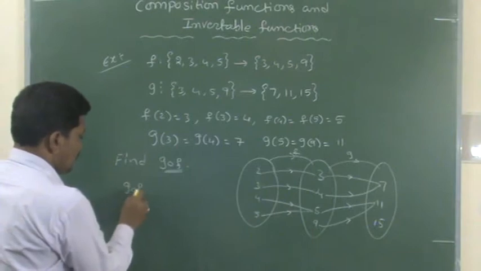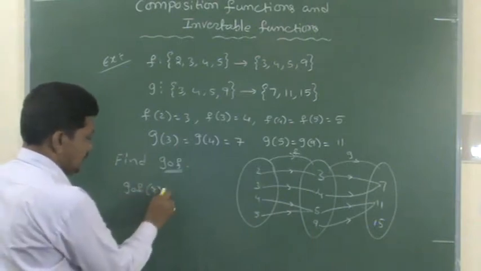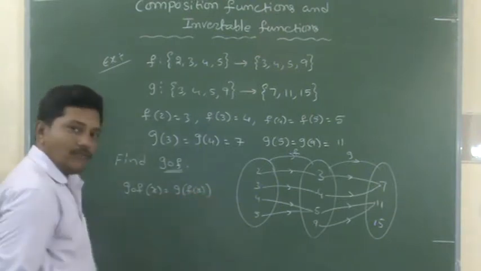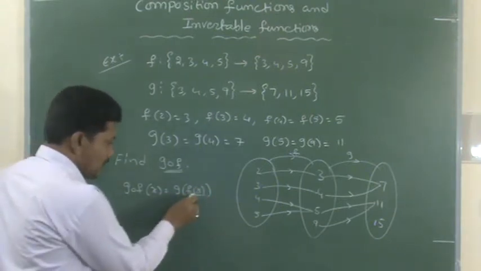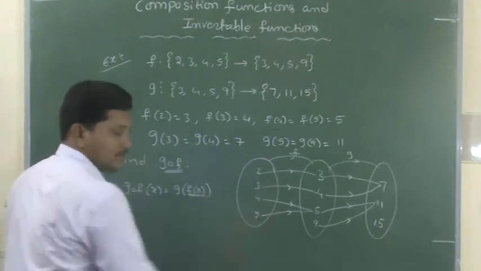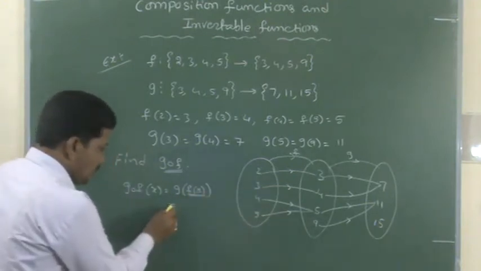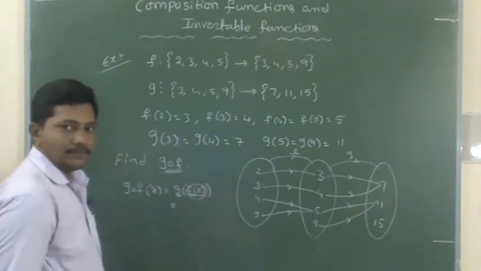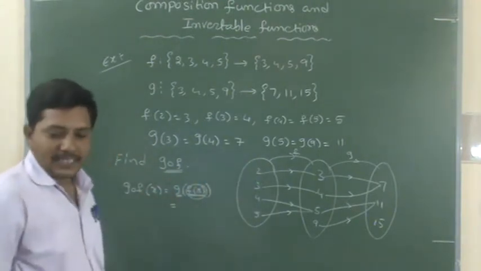According to the definition, G circle f of x is equal to g of f of x. With respect to f of x, what is the mapping? And after that, with respect to g, which element does it map to? I will explain with an example.